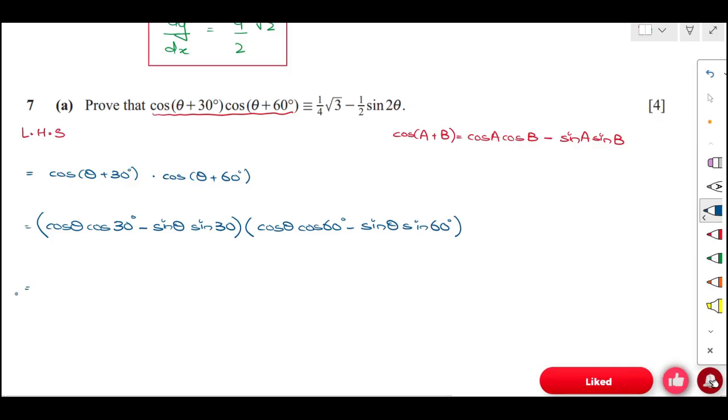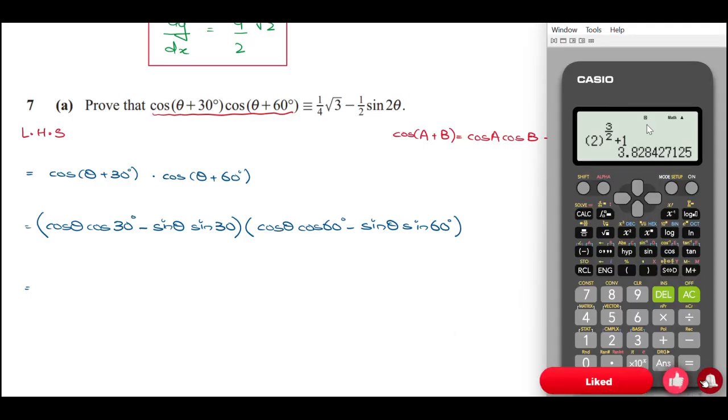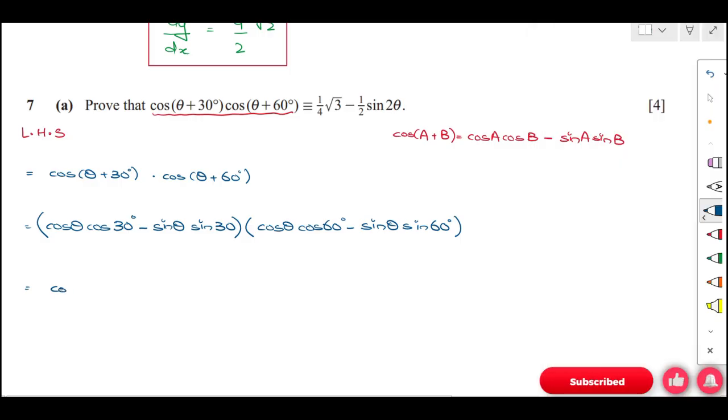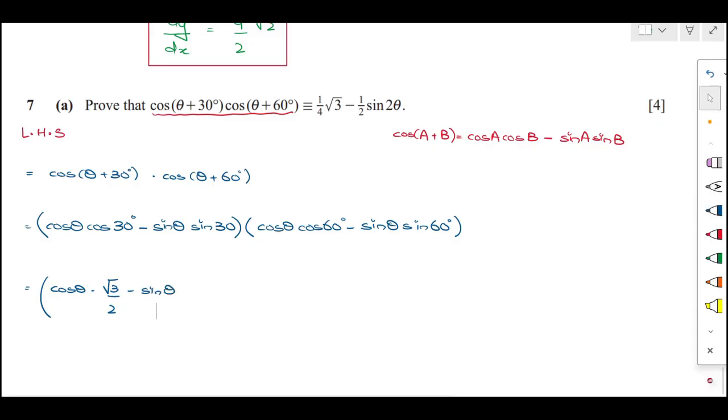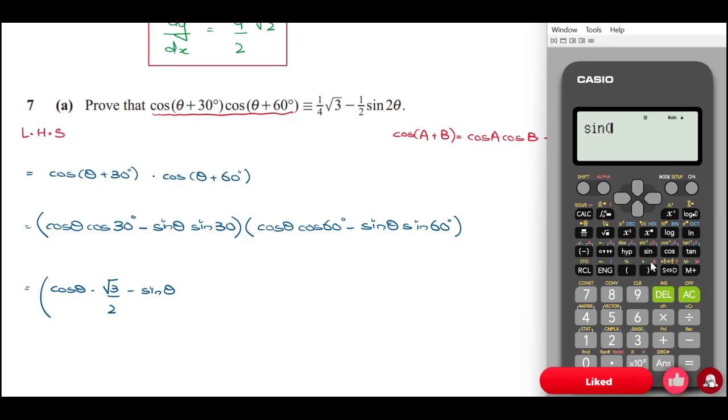Okay, so what is cos 30 and sine 30? My calculator is in degree. Okay, so cos 30 is root 3 by 2. So cos theta into square root of 3 divided by 2 minus sine theta sine 30, which is 1 by 2, I guess.